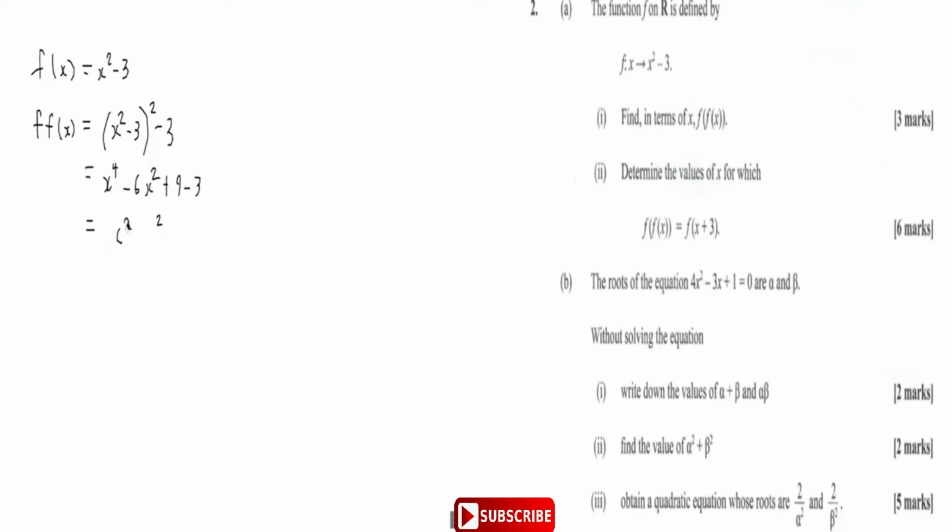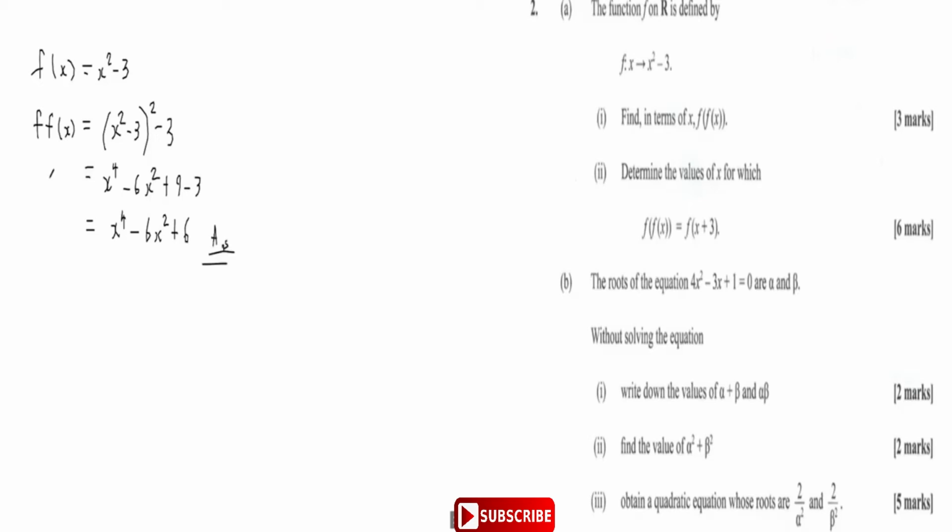So we're getting x to the 4 minus 6x squared plus 6. That is f of f of x. That's the answer. All right, let's look at the next part now.